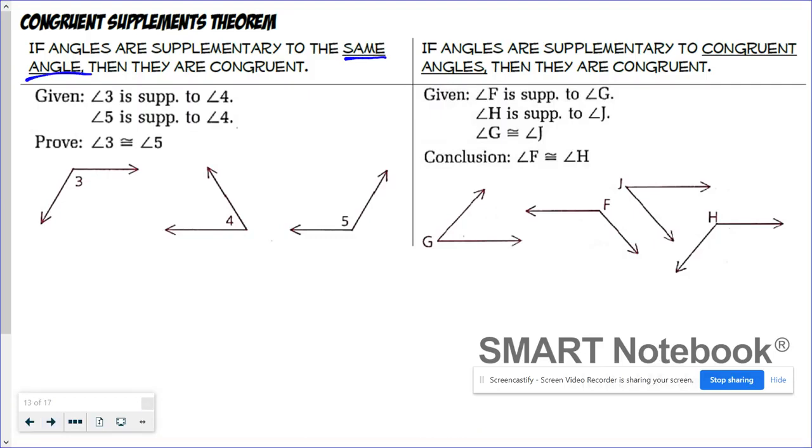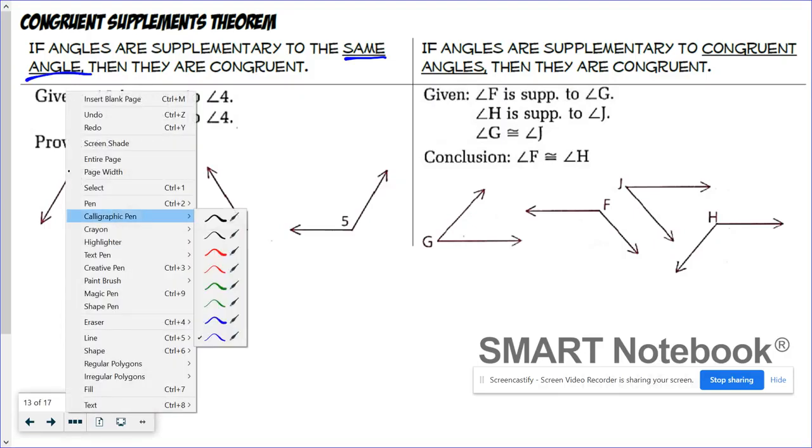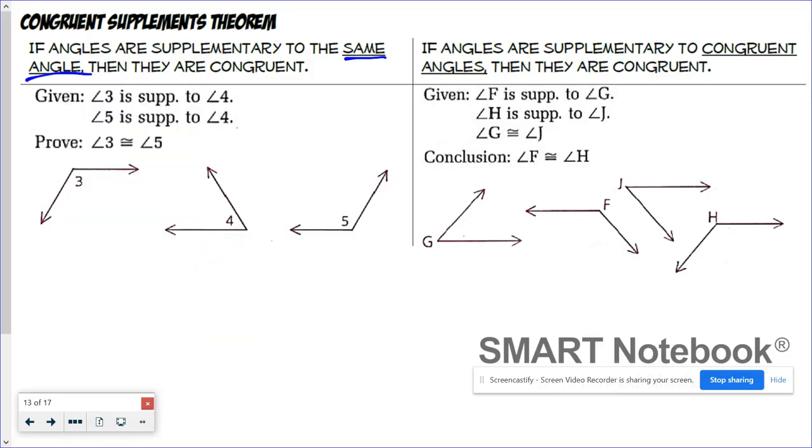Okay, and so if you look at what we're given, it says given angle 3 is supplementary to angle 4. Given angle 5 is supplementary to angle 4. So we have sup. Okay.